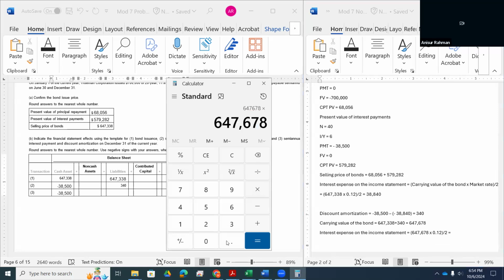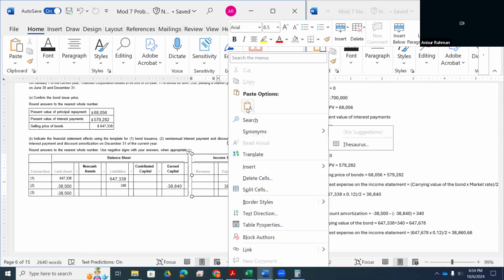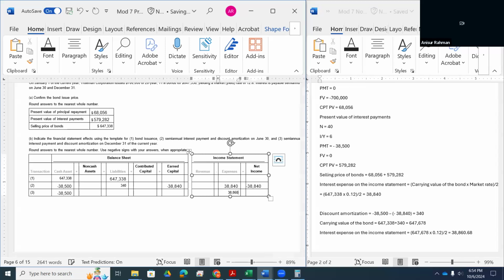So times 0.12 divided by 2, which is 38,861 up to 1 decimal place. So our expenses will increase by this amount, and our net income will decrease by this amount.